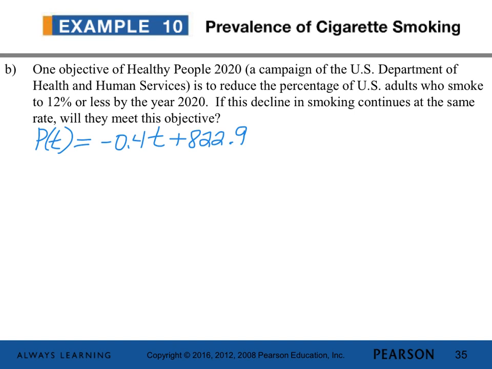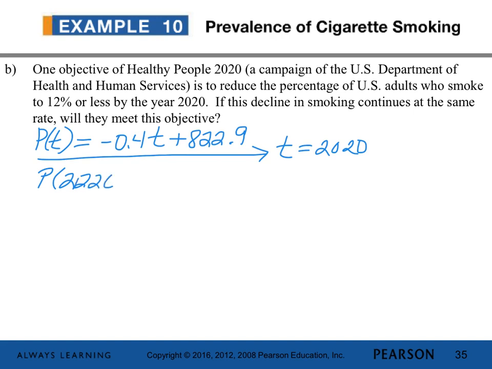We need to find out what this equation predicts for T equals 2020. That means P of 2020 is negative 0.4 times 2020 plus 822.9.